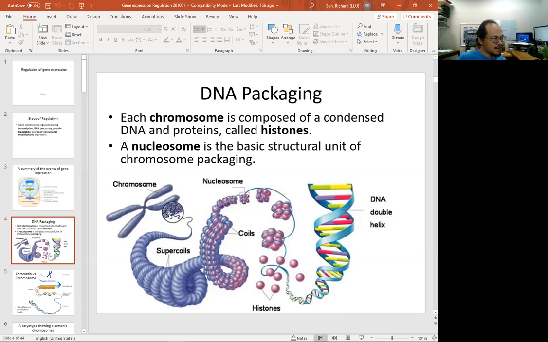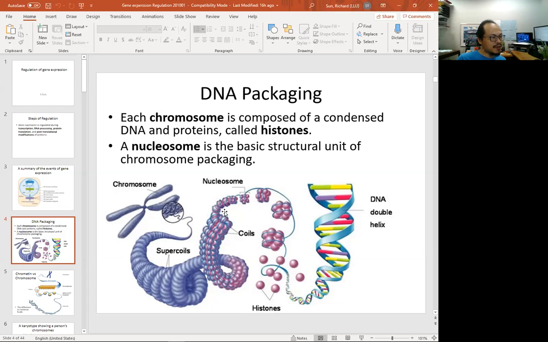And then here, extended, if we unfold it, this one is called a chromatin. So this fiber, if we further fold it, it will be chromosome. If we unfold it, but it's still very highly condensed and folded, this is called a chromatin fiber.